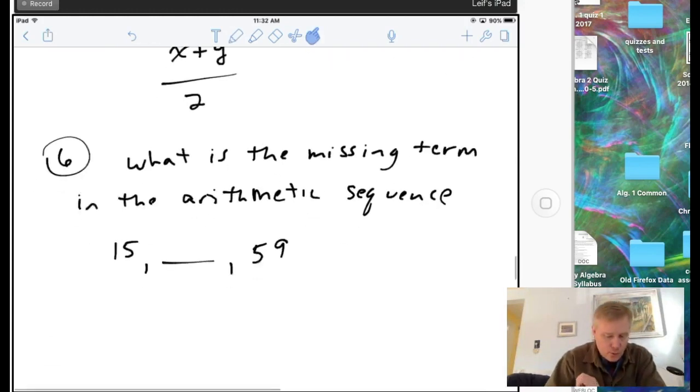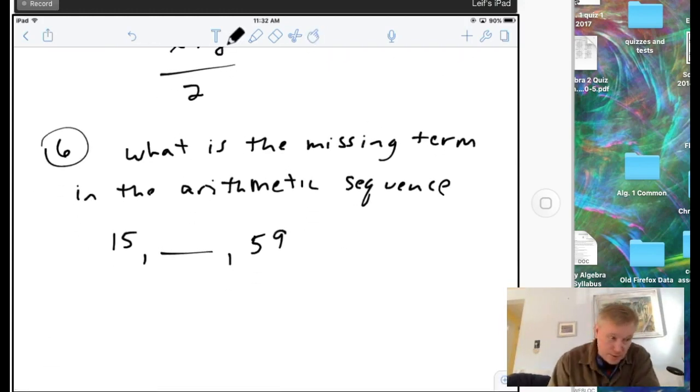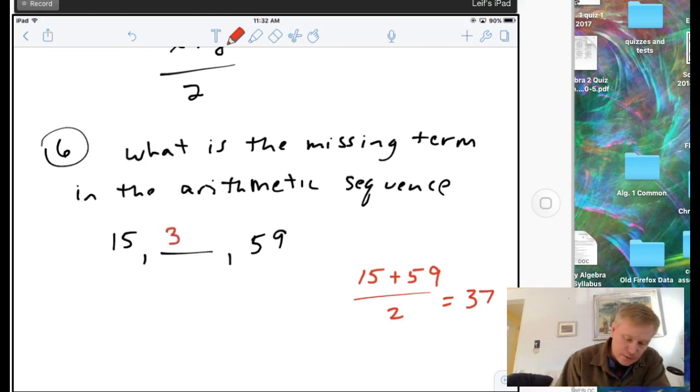It's easier when there's only one number missing as opposed to the ones we just did. Actually, this one's an easier kind of problem because what you're looking for is the arithmetic mean. If I add those two numbers together, the 15 and the 59, since there's only one space between them, and divide by 2, I'll find out what that middle number is, which in this case is the arithmetic mean, which is 37. Which means 37 is the missing number.